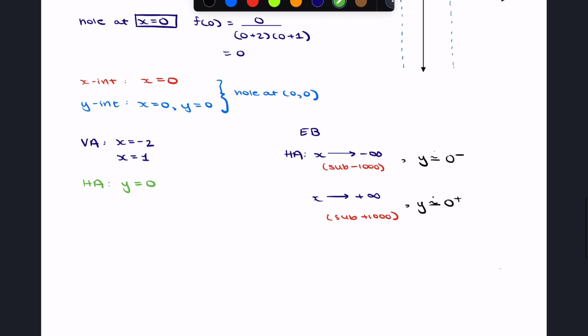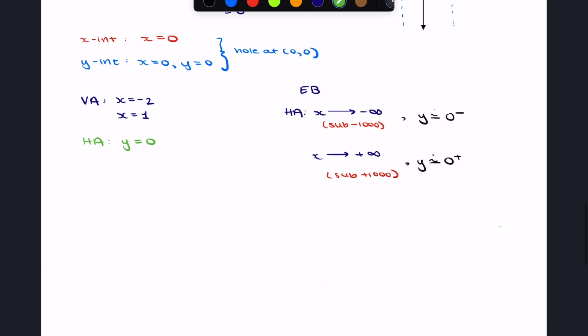Okay, now let's look at our vertical asymptotes. So our vertical asymptote at x is equal to -2 to start.